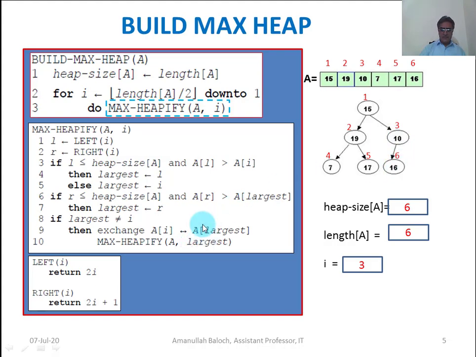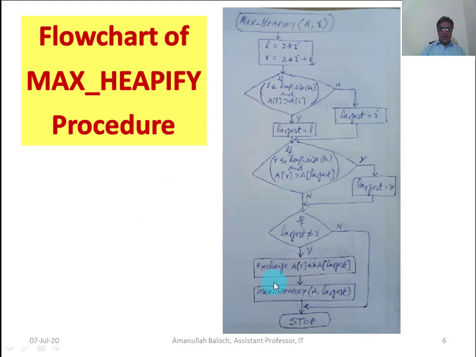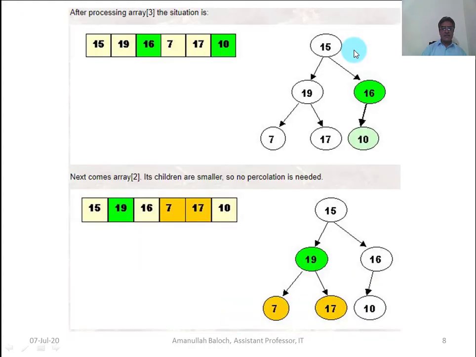And then the max heap procedure will be called again, and this time the array and the largest, that is 6, will be passed to I. Firstly, we passed 3 to I. Now the recursive algorithm is calling max heap and passing 6, because 10 has reached position 6.